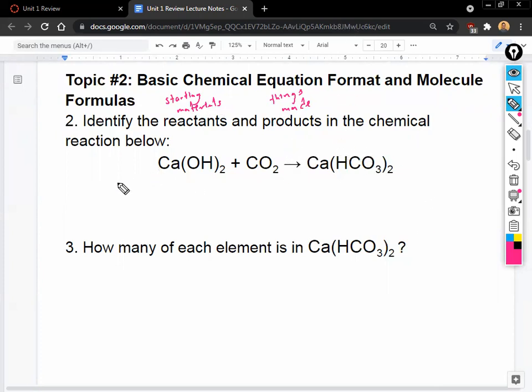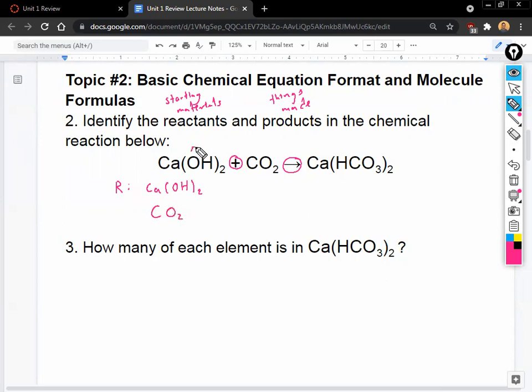So for this problem, you're going to have 2 reactants. Your first reactant is CaOH2. Okay, the molecules are separated by the plus signs and the arrows. And so the first one right here on the left side of the plus sign is CaOH2. And then your second reactant is going to be CO2.